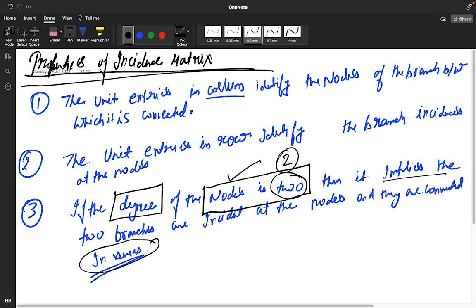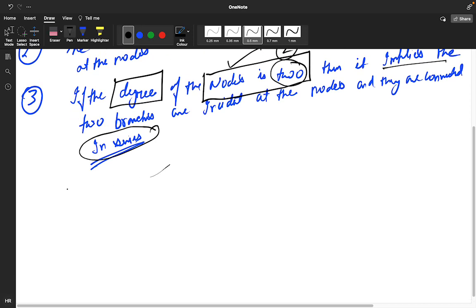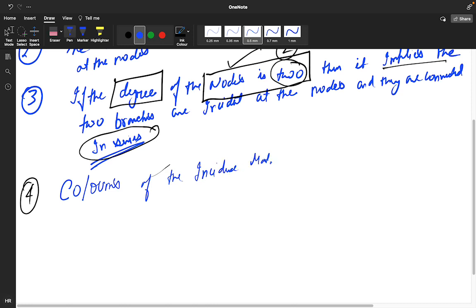But for columns of the incidence matrix, columns of the incidence matrix with unit entries in only 2 identical rows.